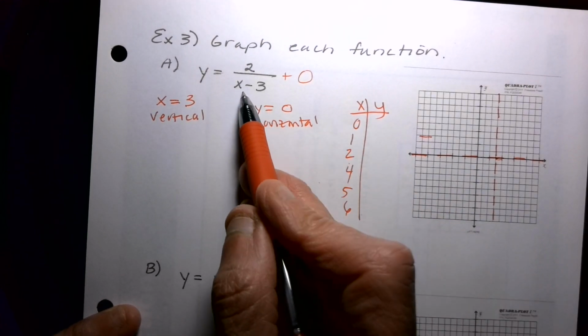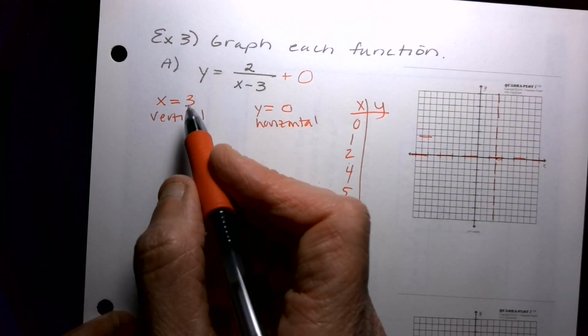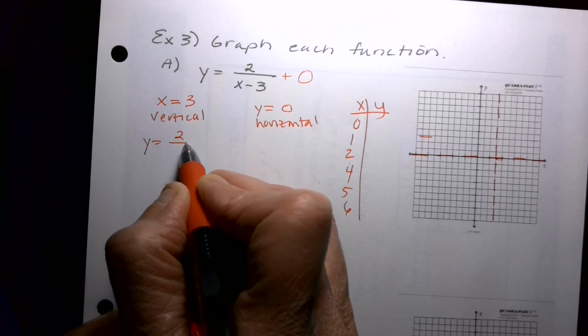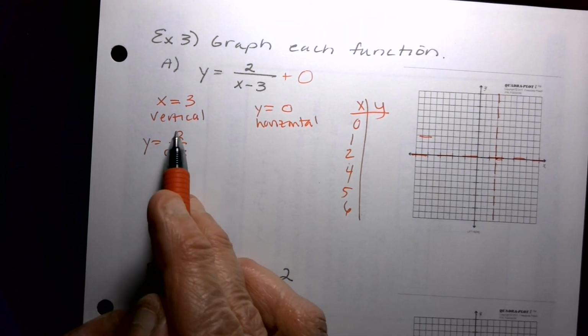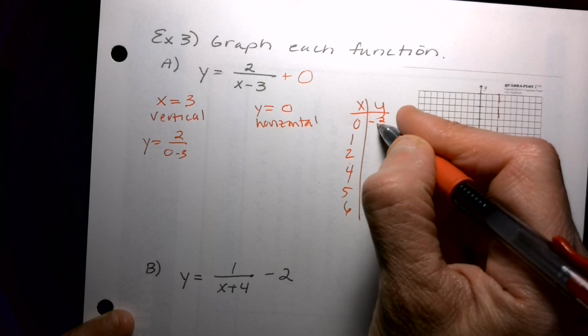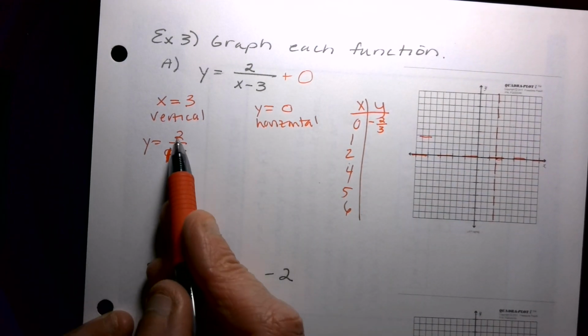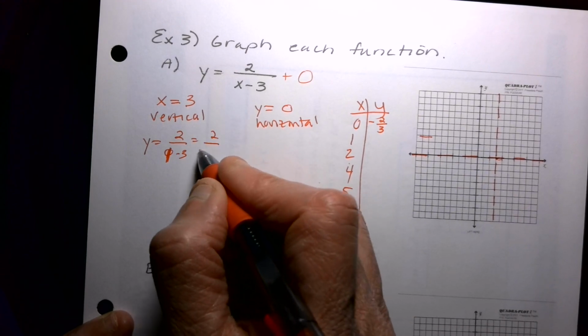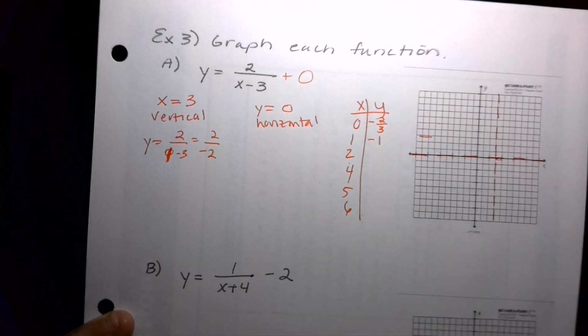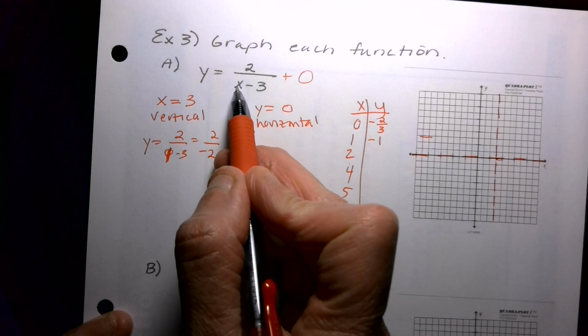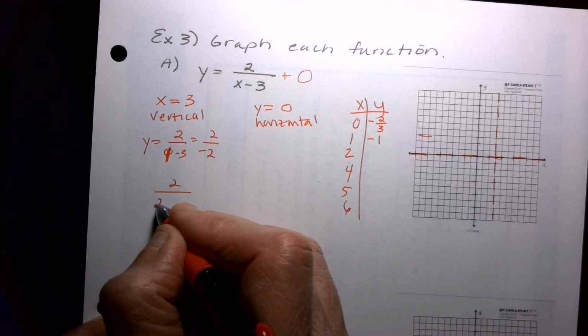So 0, if we put a 0 in there, 2 over 0 minus 3 equals a negative 2/3. 1 minus 3. 2 over a negative 2, that's a negative 1. Now I'm going to plug the 2 in here. 2 over 2 minus 3.